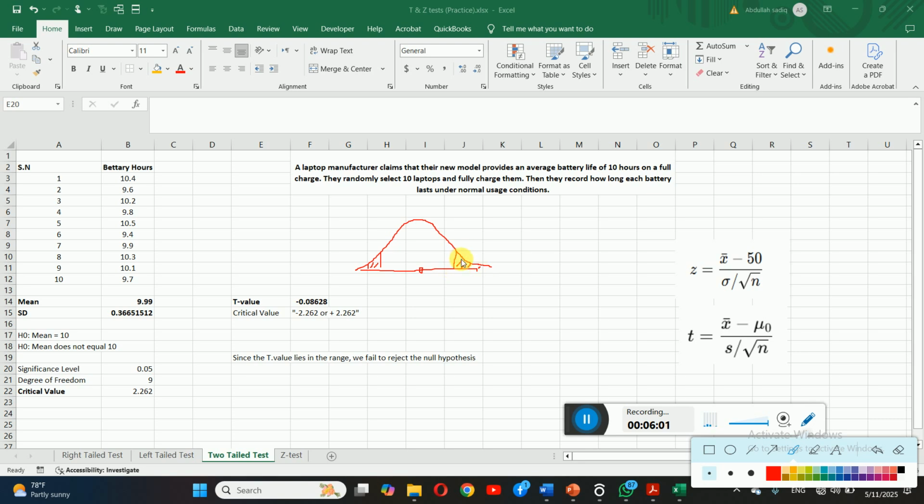You can say this is the area of 0.025. Why? Because 0.05 should be divided by 2.